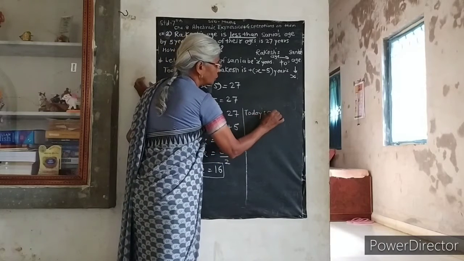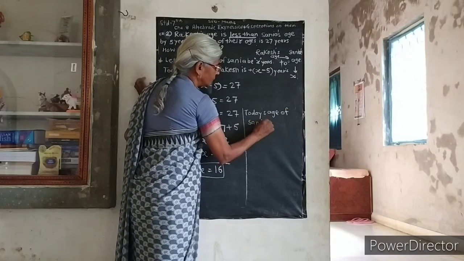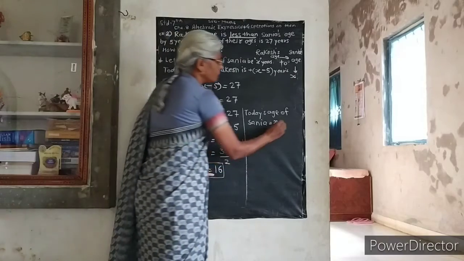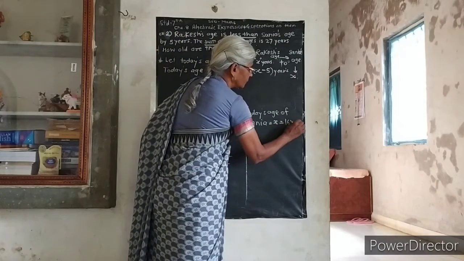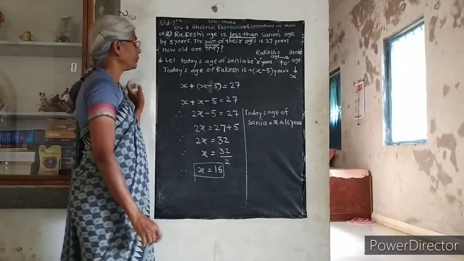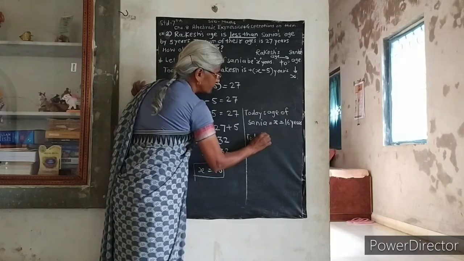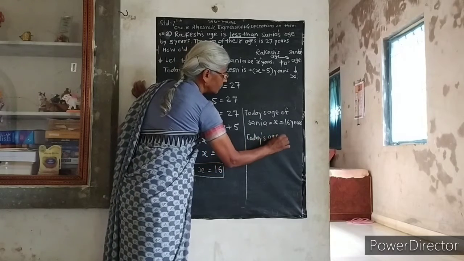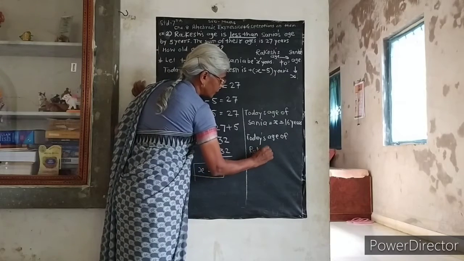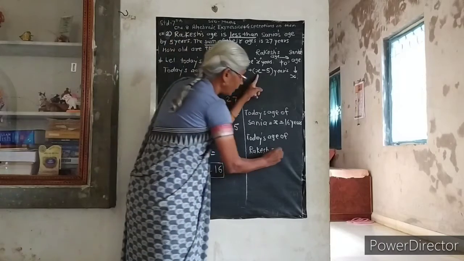Today's age of Sania is equal to x is equal to 16 years. Sania is 16 years old. And today's age of Rakesh is equal to, see here, x minus 5.